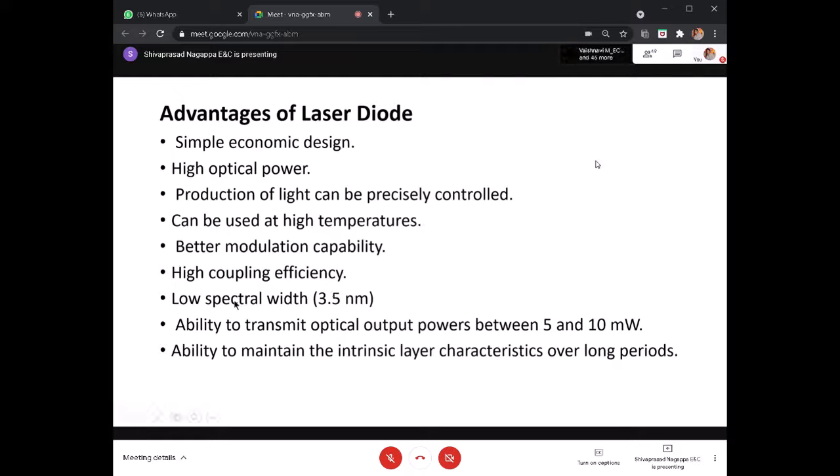Due to which high coupling can be done, coupling efficiency increases, the spectral width also will be less, and the ability to transmit optical power is between 5 and 10 dB more, because it is a stimulated process.